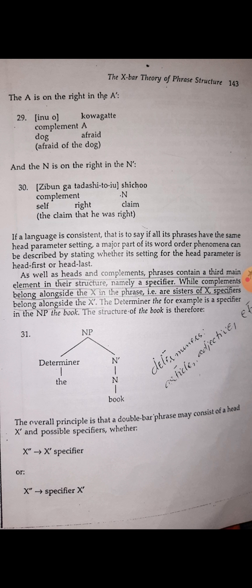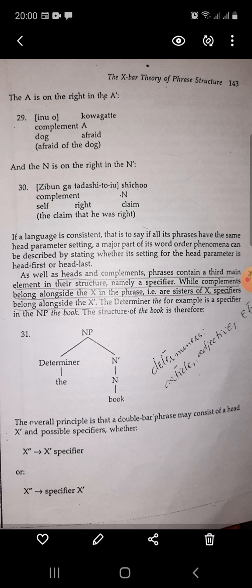So he says that along with heads and complements, we also have a third main element, which is called the determiner, and the determiner is called a specifier. While complements belong alongside the X bar in the phrase, that is, they are sisters of X, specifiers belong alongside the X bar.